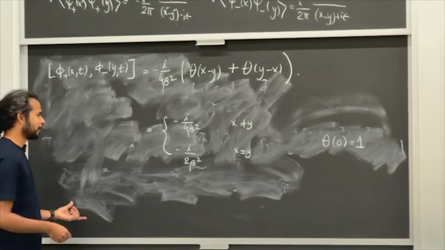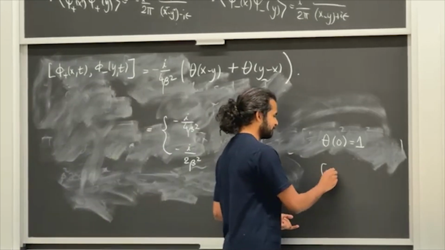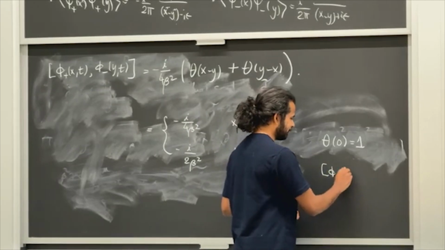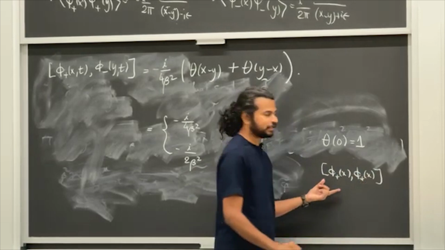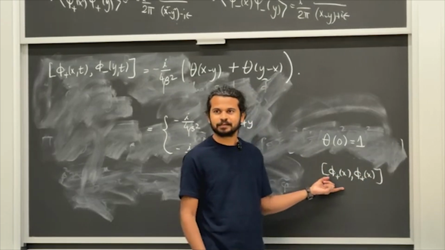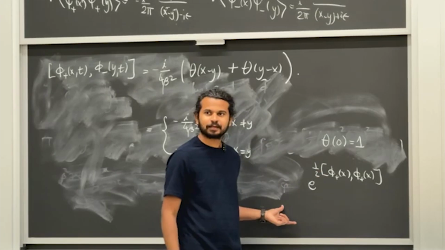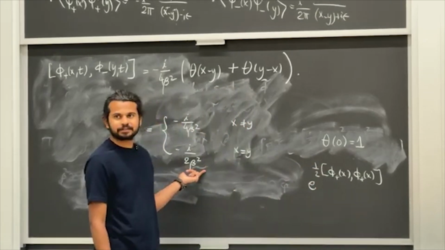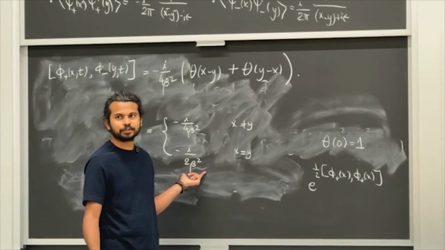Yeah, so tomorrow, or probably at the end of this, I will evaluate something like this in the context of the BCH formula. So I would have something like that. And if I put a 4 here, I will get an annoying factor of i that I don't know what to do with.